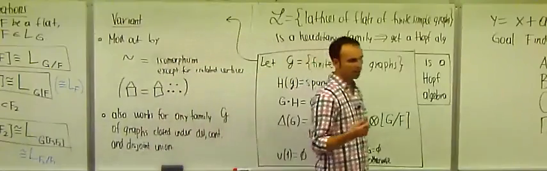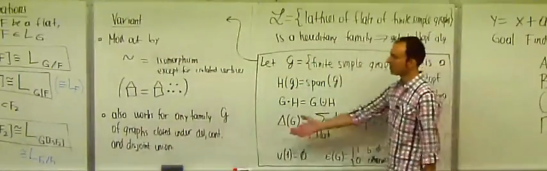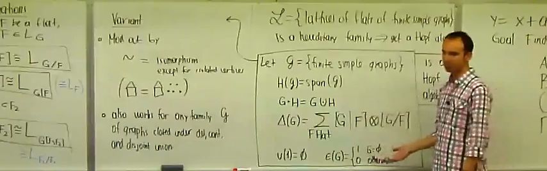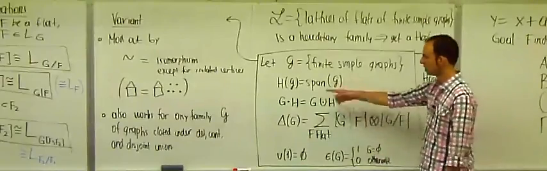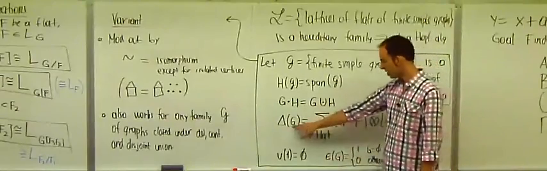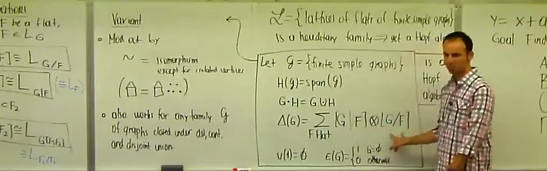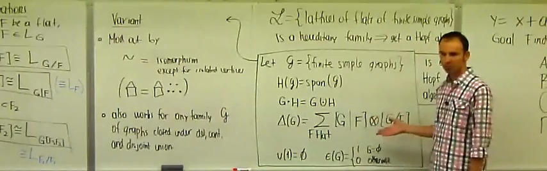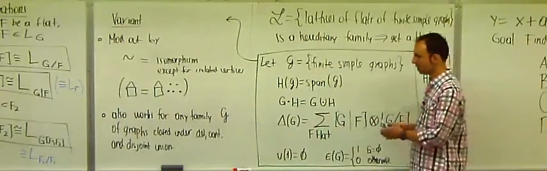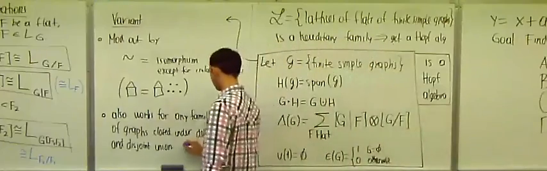If you have any collection of graphs that satisfies these properties, then we can make the exact same definition, and it's going to make sense. If G and H are in the family, then the disjoint union is in the family. And if G is in the family, then this is in the family, and this is in the family. So the same formulas make sense, and we're also going to get a Hopf algebra. Okay. So this is what's called a hereditary family of graphs.